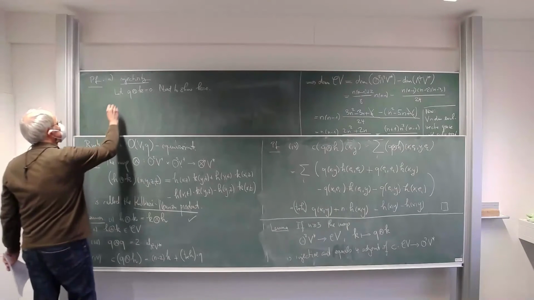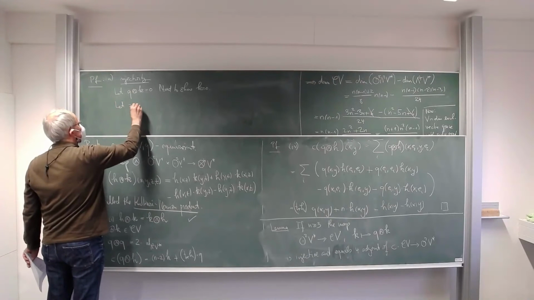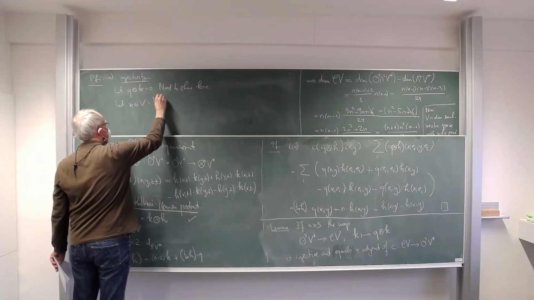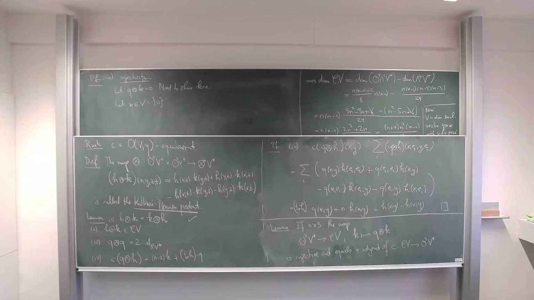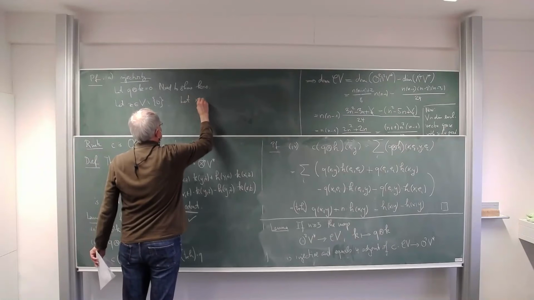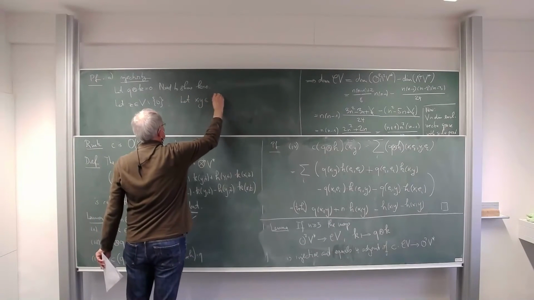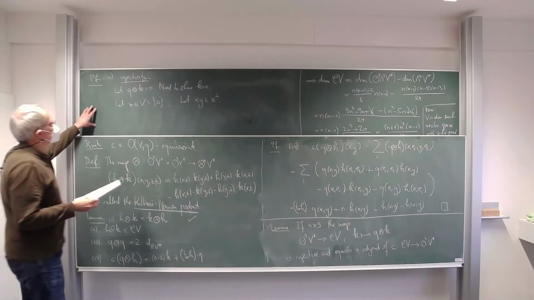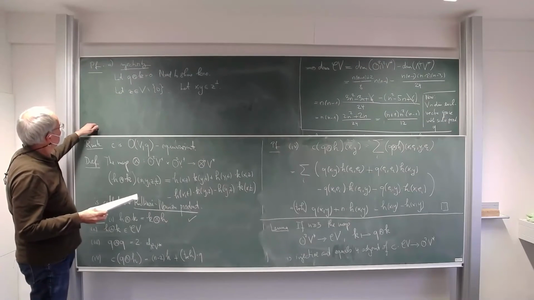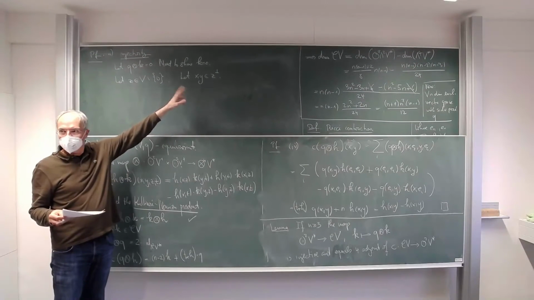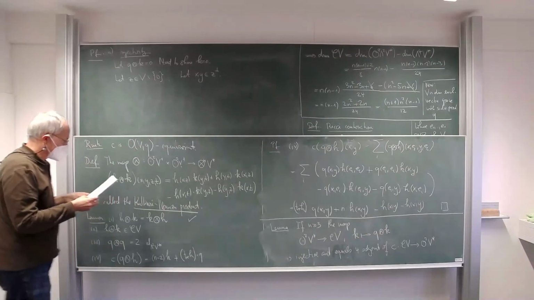So let's fix the vector z not equal to 0. And now I'm looking at vectors in the orthogonal complement of that vector. So let x and y be both perpendicular to z. And I'm going to derive something about the bilinear form k on this orthogonal complement, so for these two vectors x and y.